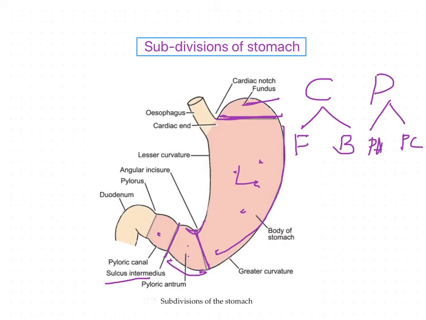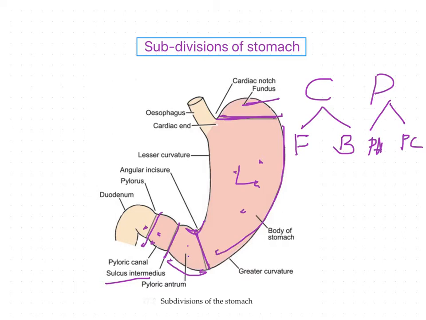The pyloric canal is about 2.5 centimeters long, narrow and tubular. At its right end, it terminates at the pylorus. So this canal ends at the pylorus. So this is about the parts and the divisions and the types of cells present in these subdivided parts.